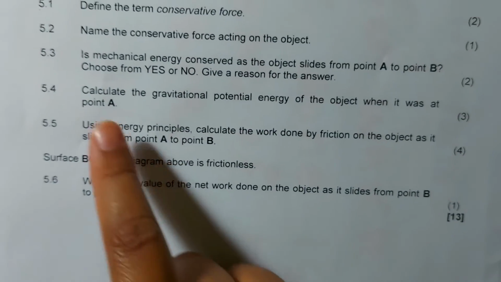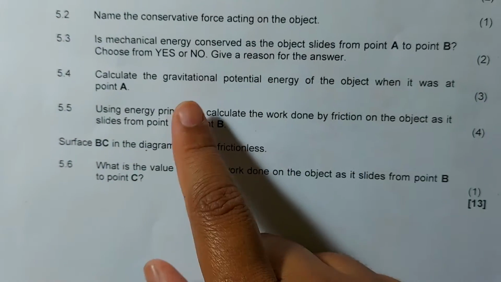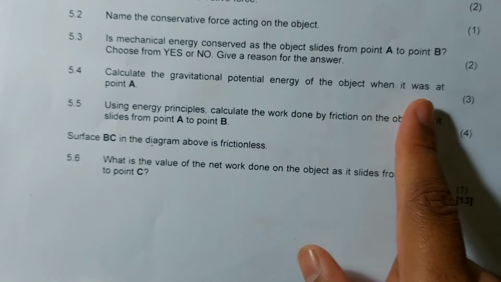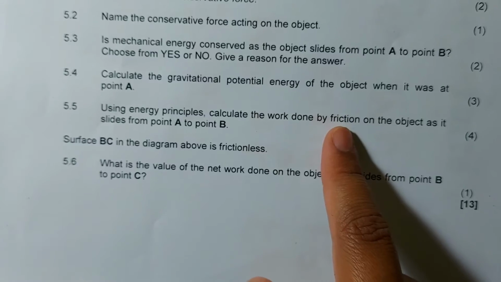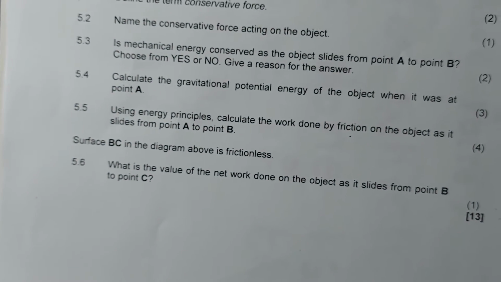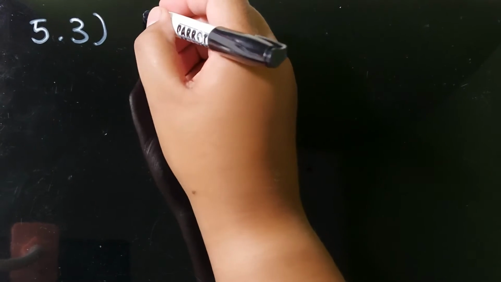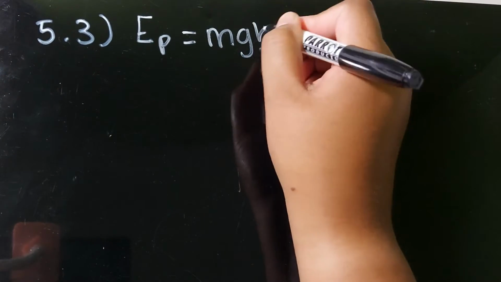And now let's do these two calculations. The first calculation is to calculate the gravitational potential energy when it is at point A. And the second is to use the energy principles to calculate the work done by the frictional force on the object as it slides from point A to point B. Right, the equation we're going to use here is E_P = mgh.